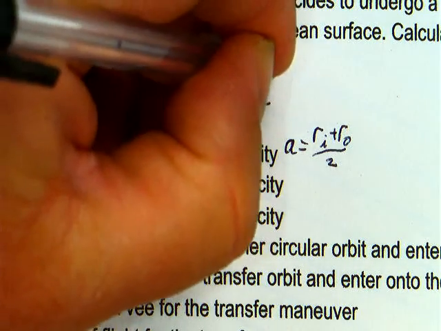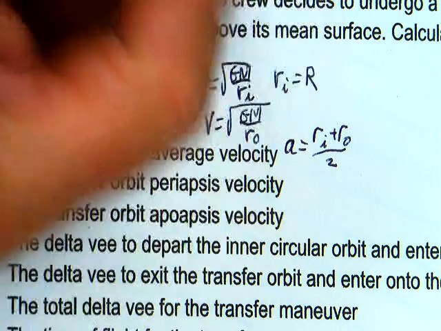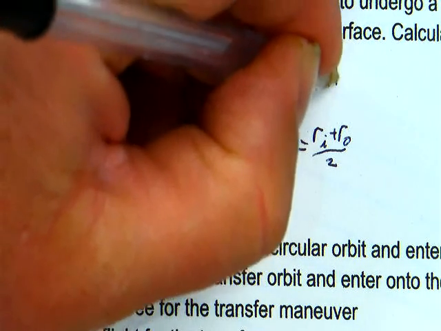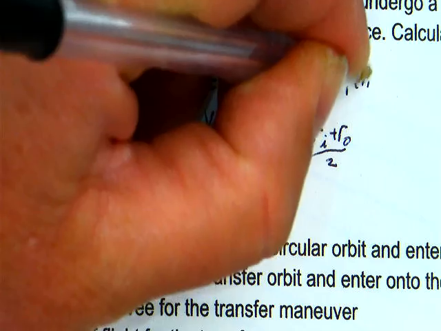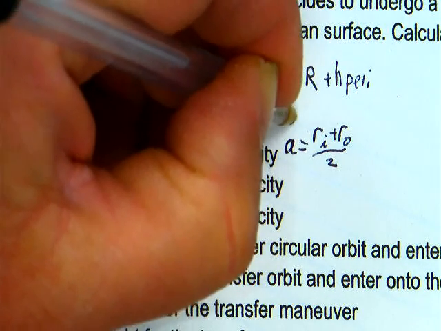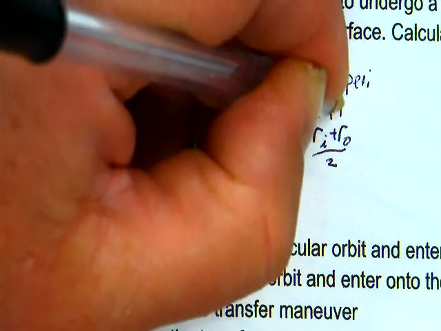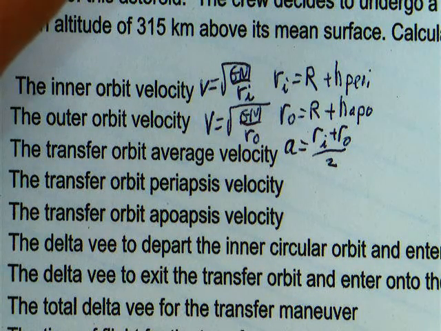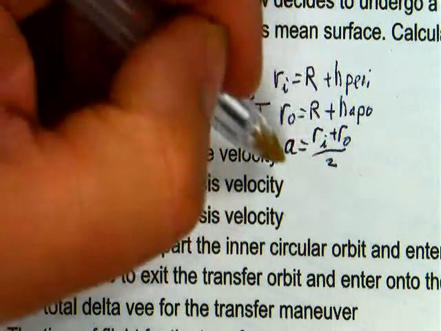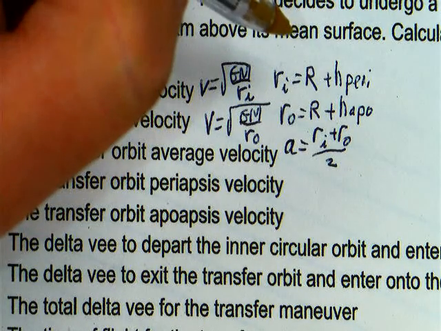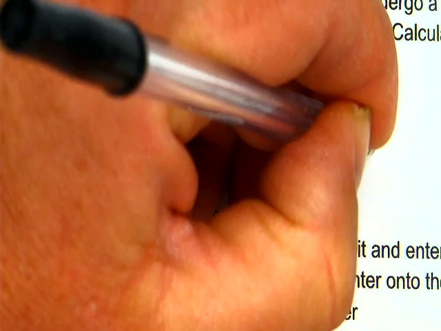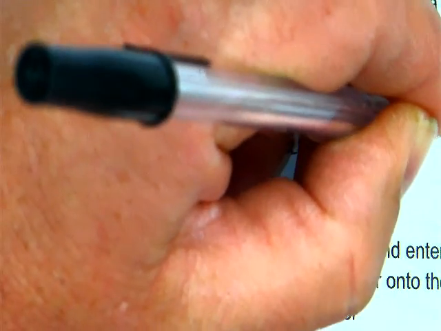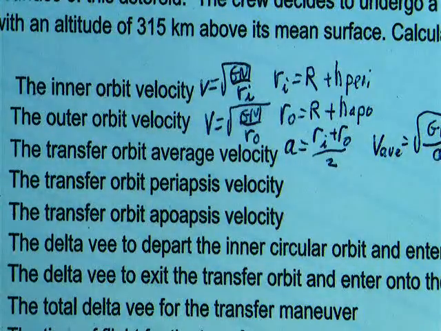And, by the way, this inner radius is the radius of 4 Vesta plus the periapsis altitude. The outer orbit radius is the radius of Vesta plus the apoapsis altitude. After you get the semi-major axis, why then you could just do average velocity is square root of GM over a, the semi-major axis.